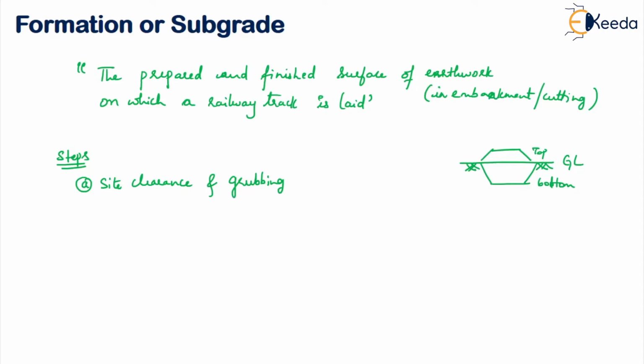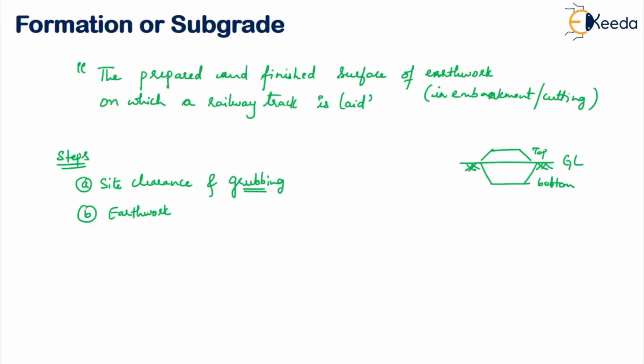The removal and disposal of roots and stumps of trees from the land acquired for the construction. So if there are any trees or roots or barks of the trees, you have to remove them. That is called grubbing. And any other material, if you want to remove, that is called site clearance. First you have to do this. Then once you have done that, you have to get the earthwork done.